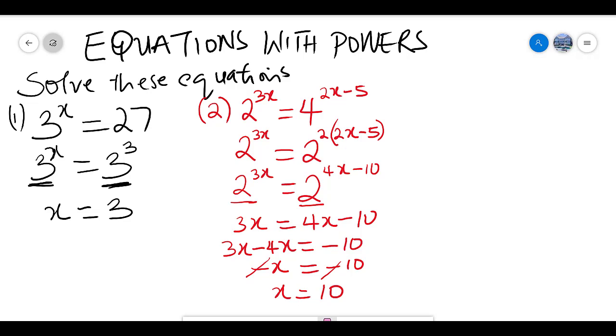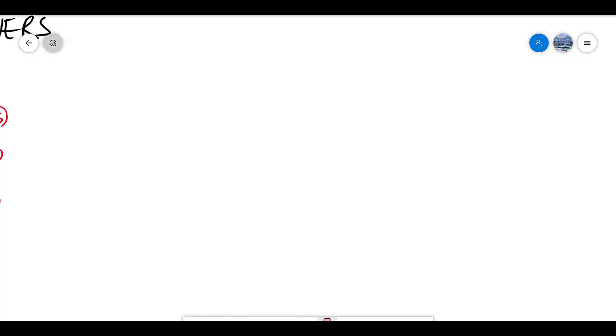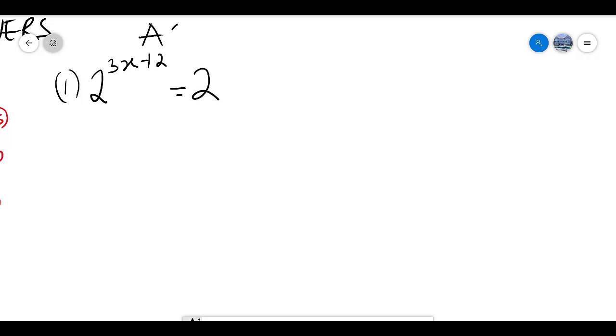Solve these equations. First equation you're going to solve is 2^(3x+2) is equal to 2^(4x-5).